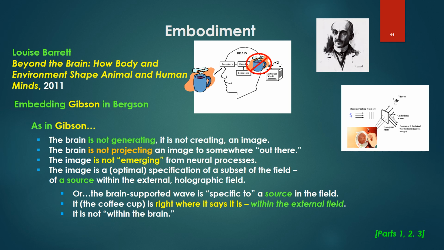Or the brain-supported wave is specific to this Gibsonian term that none of our four players will ever understand, a source in the field. The wave is specific to a source in the field, and the coffee cup is right where it says it is within the external field. It is not within the brain.